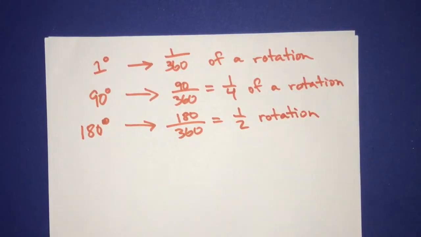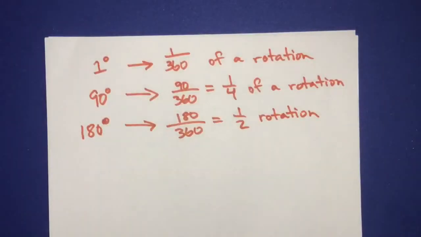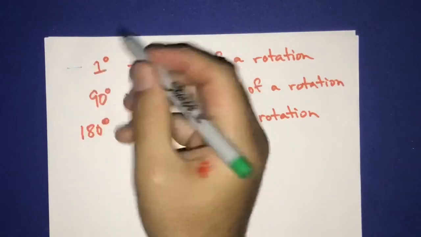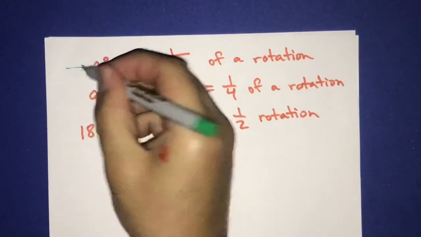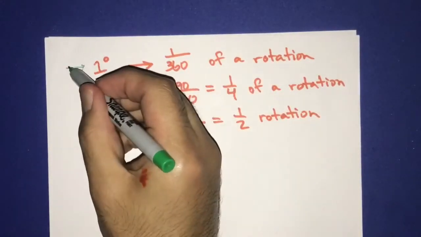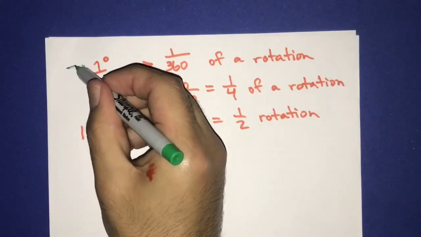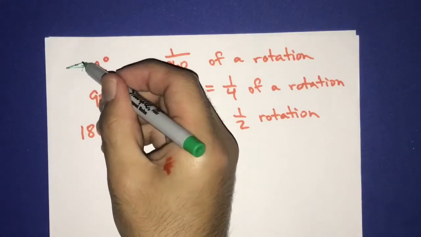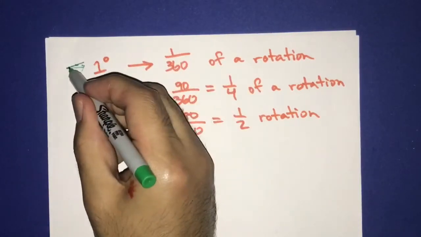Okay. So what would these look like? Let's draw a quick little drawing. So 1 degree, this is exaggerated, but the initial side should hug the terminal side a little bit closer.